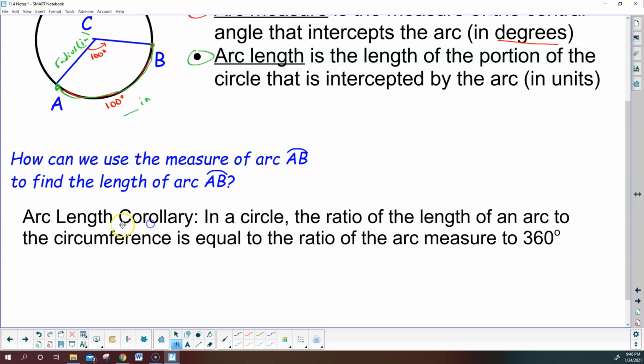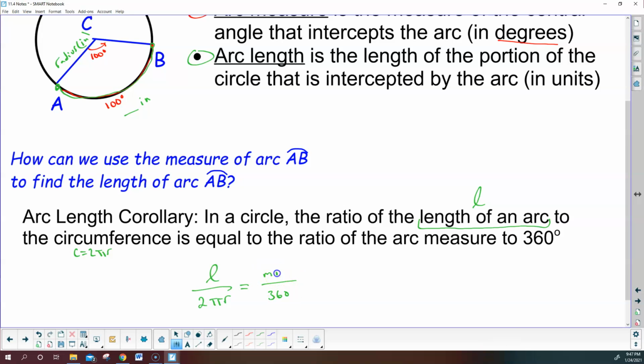Well, we have a special theorem, or a corollary. It says in a circle, the ratio of the length of an arc, and by the way, you can pause this in a second, the length of the arc, we're going to use a lowercase l to represent that, over its circumference. Wait a minute, circumference, we usually use 2 pi r here. So arc length over circumference has to equal the ratio of the arc measure over 360 degrees.